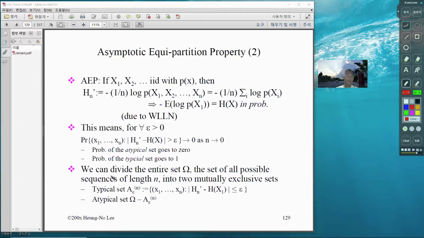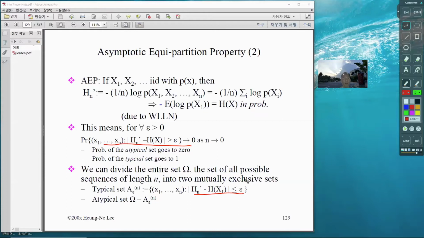We can divide the entire sample set, omega, the set of all possible sequences of length n, into two mutually exclusive sets. Typical set, where convergence occurs. Atypical set, where convergence does not occur.